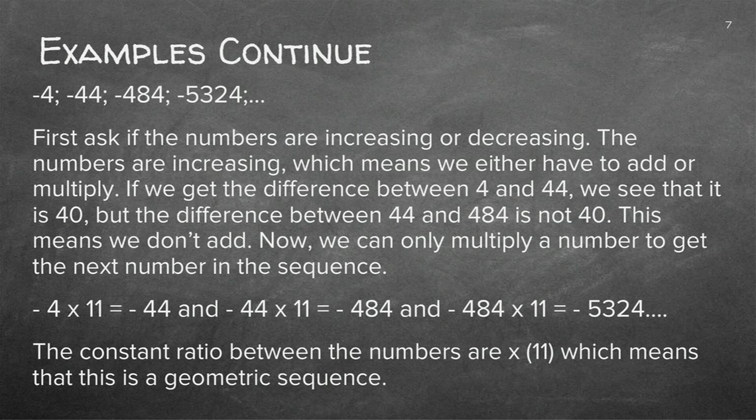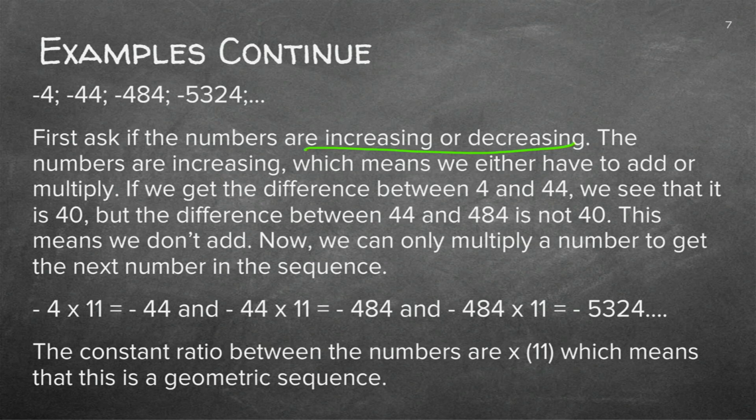Here we've got minus 4, minus 44, minus 484, and minus 5,324. First, ask yourself if the numbers are increasing or decreasing. As I mentioned a little bit earlier, they are increasing but on the negative side.